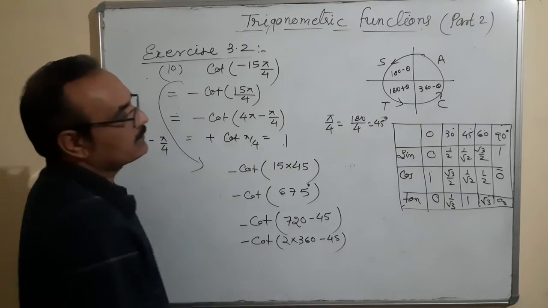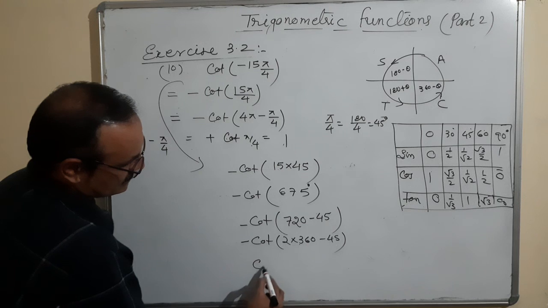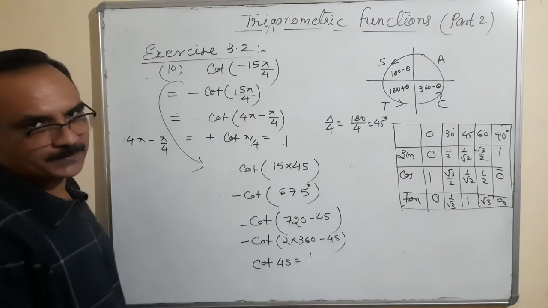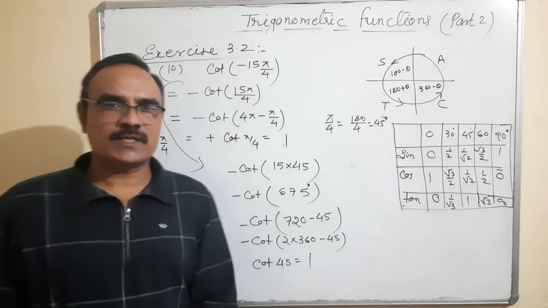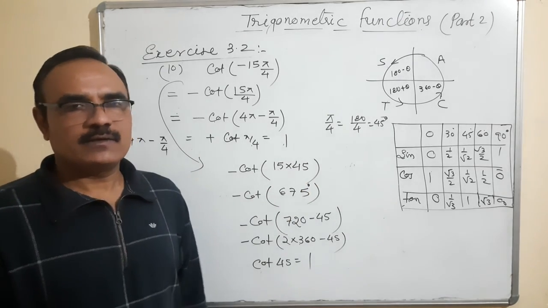Cot of 360 minus theta: minus, so it is plus cot 45. And the value of cot 45 is 1. Okay, both the values are the same. So it's your choice whether you want to convert from degree or radian. The solution and answer will remain the same.